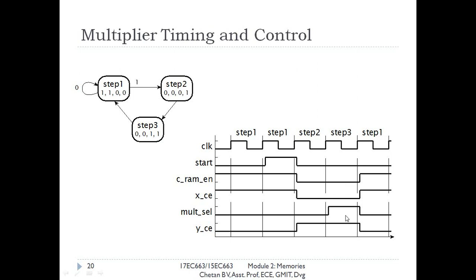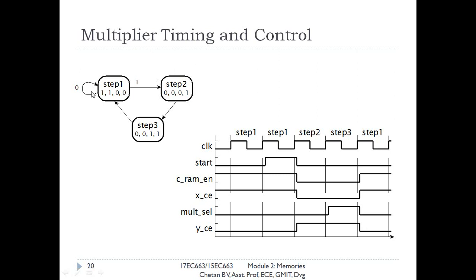In step 3, the product stored in the output register will be multiplied with X again. So the final product will be Y equals Ci into X square. After that, again we move to the idle state, which is step number 1.